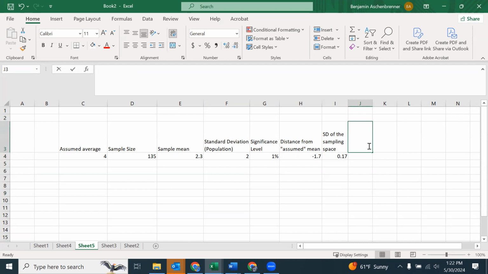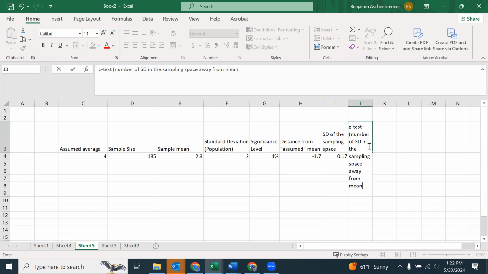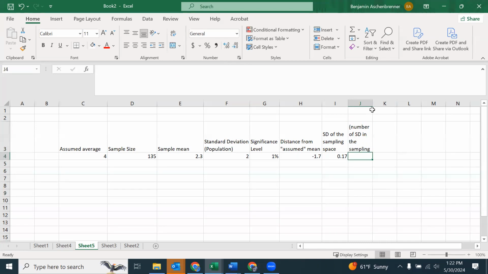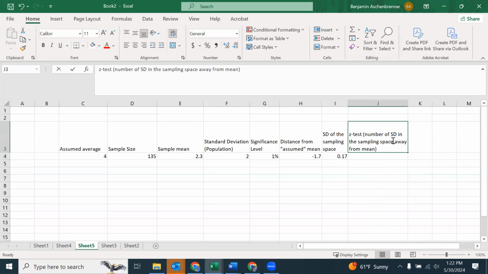And so then the z-test, which is the number of standard deviations in the sampling space away from the mean. It's a pretty complicated number here.